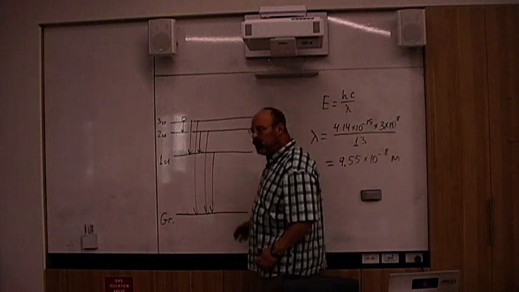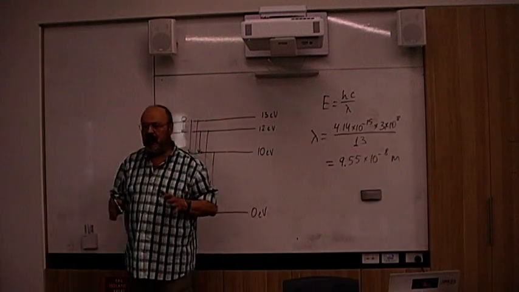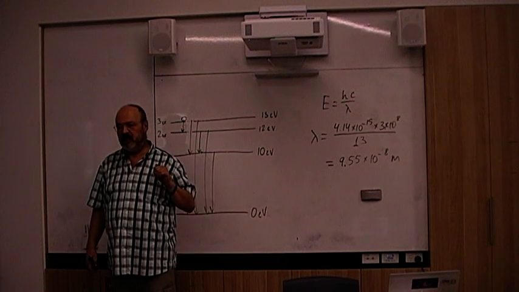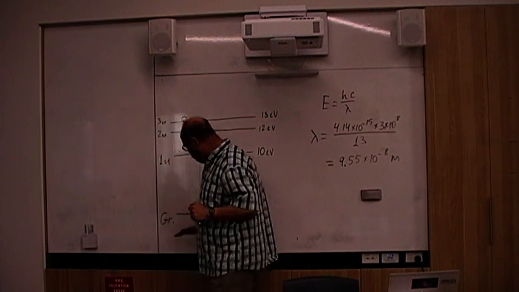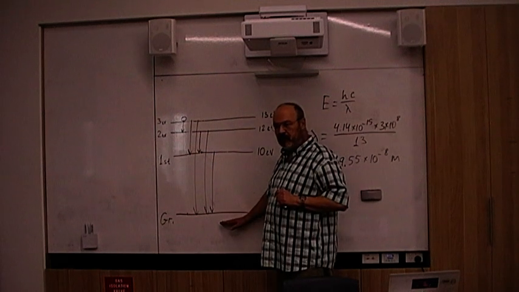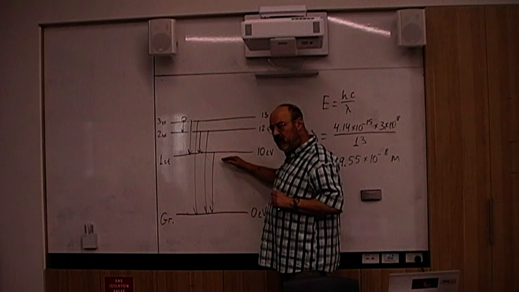So what happens? In the atom, only certain energy levels are permitted for the electron. The electron can be at the ground level only, or at this level, or at this level.